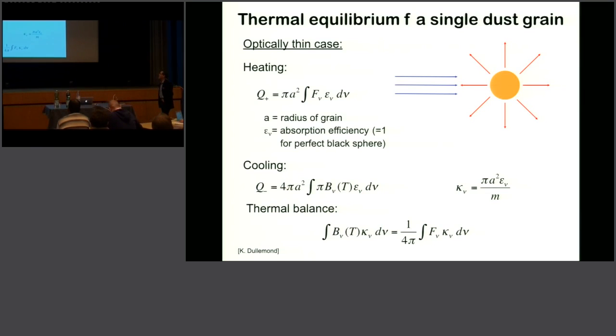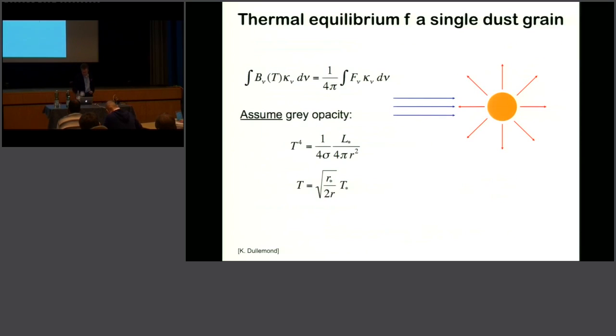And what you have here is just a simple formula for the optically thin case, in which the dust is heated directly by radiation and is cooling, emitting radiation at its own temperature isotropically. And so basically the equilibrium temperature can be solved through the equation.